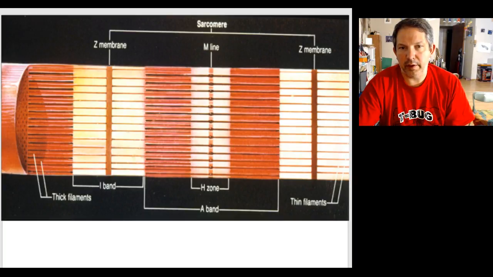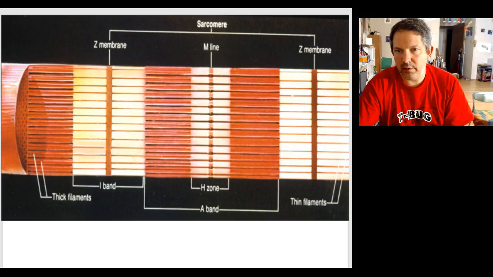Here's a little connection, between the Z lines is the sarcomere, and here's where the middle of the myosin is, and the myosin is this darker, thicker filament.